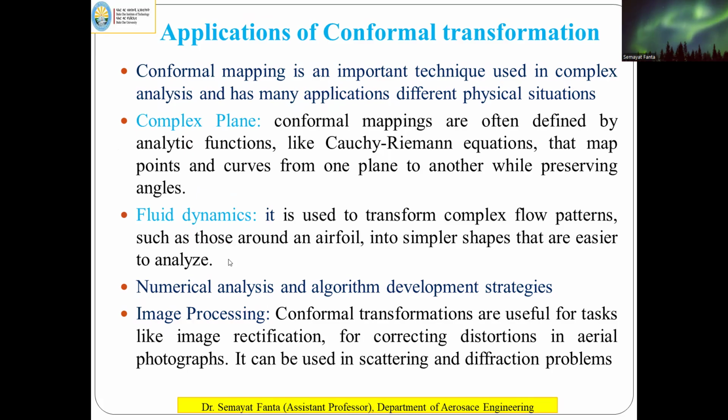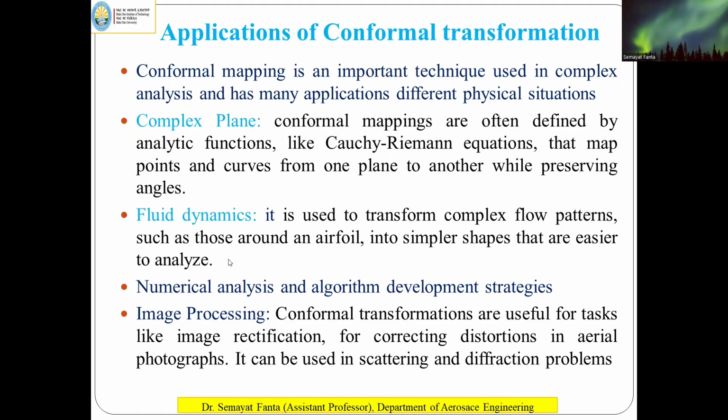So what is the application of conformal transformation? Conformal transformation or mapping is an important technique used in complex analysis and has many engineering applications. Okay, one of that is complex plane analysis.